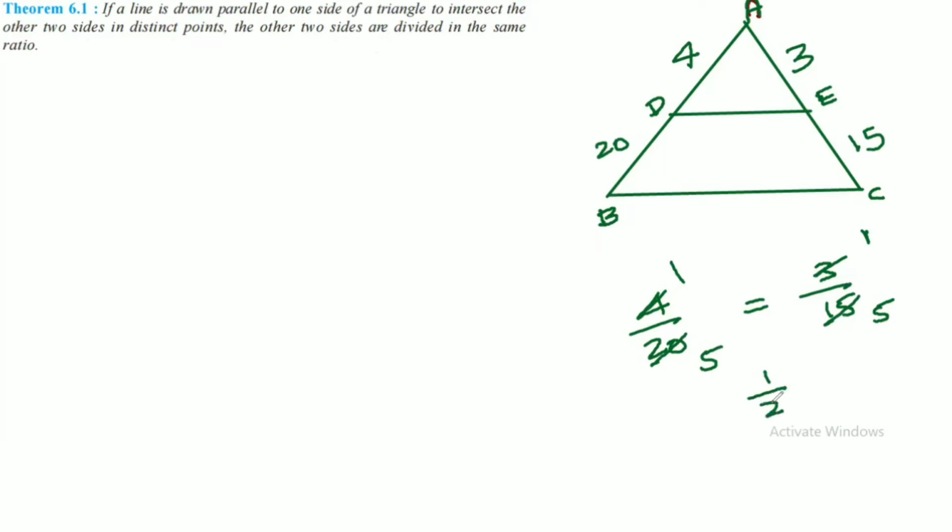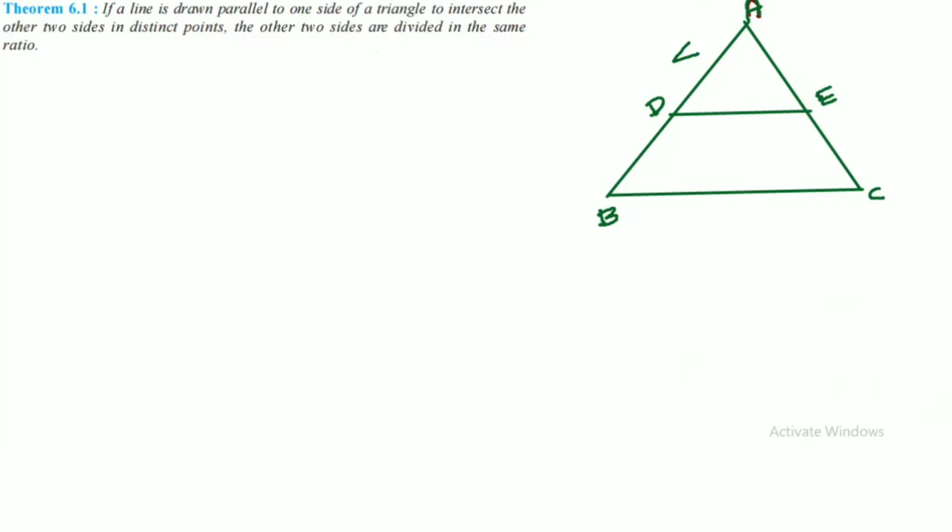So we got 1 by 5 is equal to 1 by 5. I hope you understood this. This is called same ratio. They are called proportional. I simply took some random numbers. So I hope you understood.